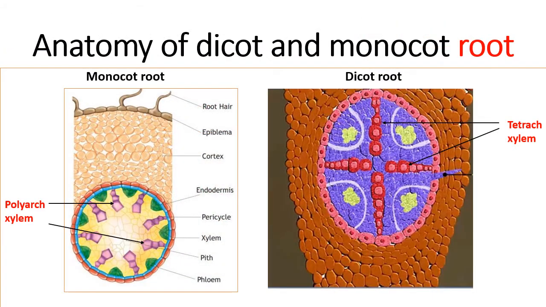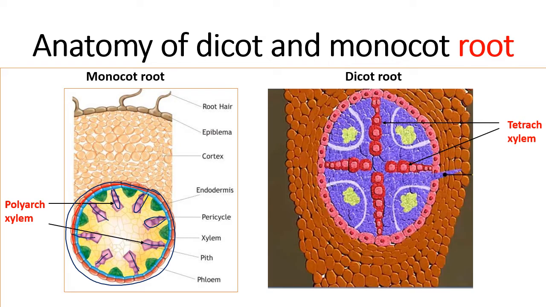Here you can mark the difference between the two roots. If you look at the first picture where the monocot root is represented, you can see a stellar region. This is a patch of xylem, and this is a patch of xylem.